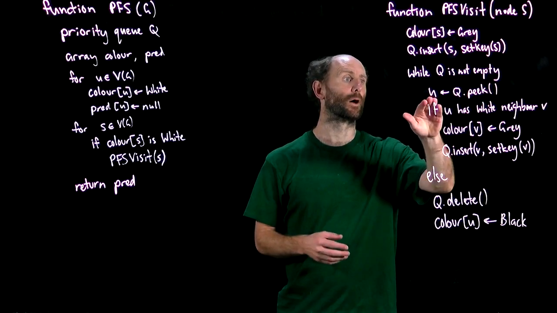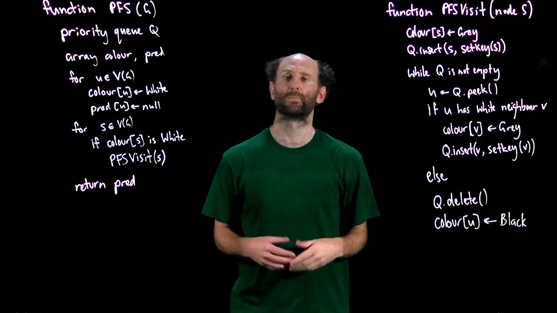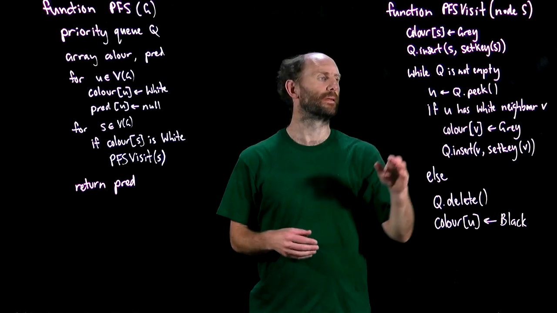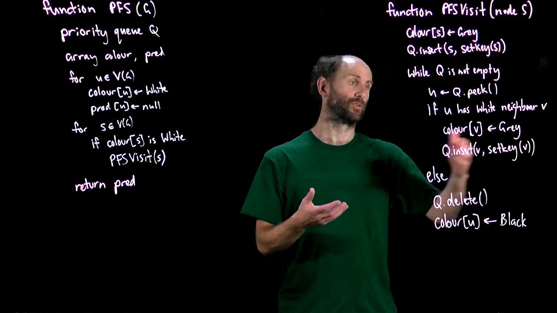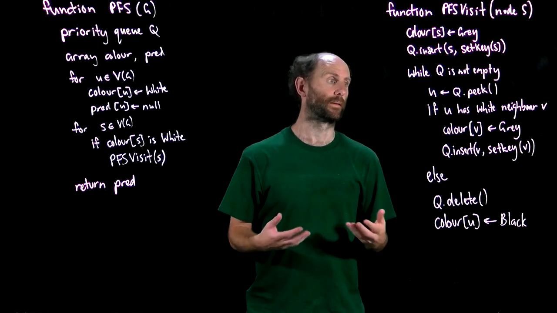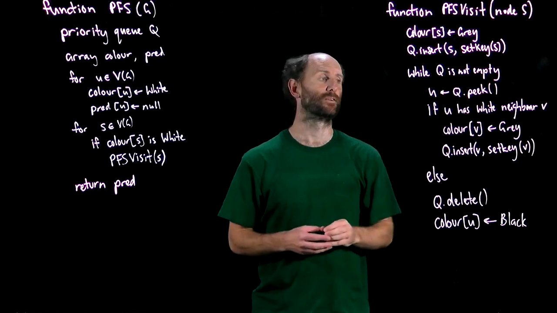So we get the node that's at the front of the priority queue. This peek method will involve searching right through the queue or something like that, but we're not interested in the implementation details.